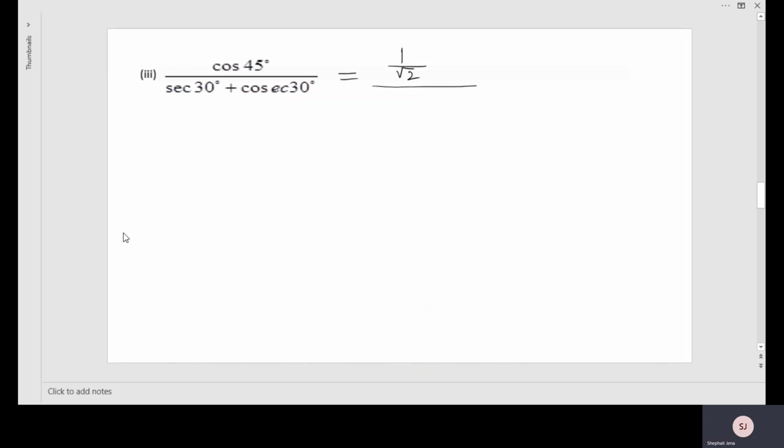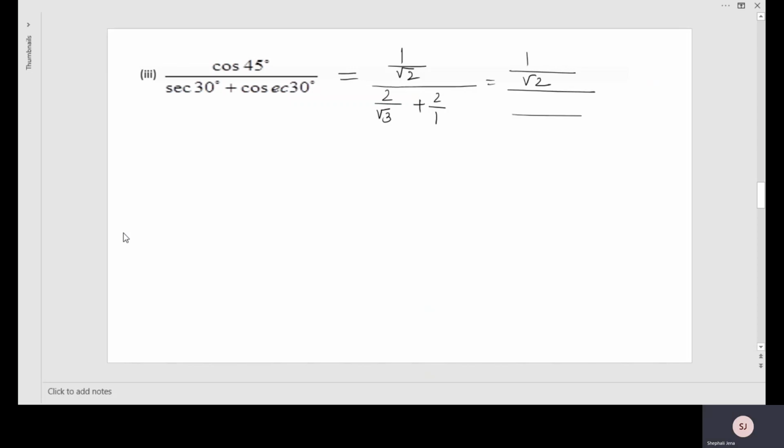Sec 30 is cos 30 reciprocal. So cos 30 is root 3 by 2. So sec 30 is 2 by root 3. 2 divided by root 3 plus cosec 30 is reciprocal of sine 30. So 2 divided by 1, that is 1 divided by root 2.